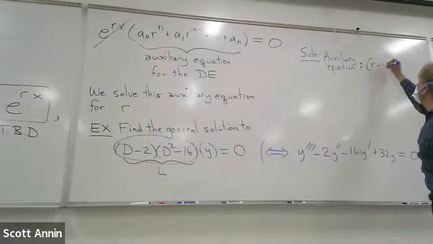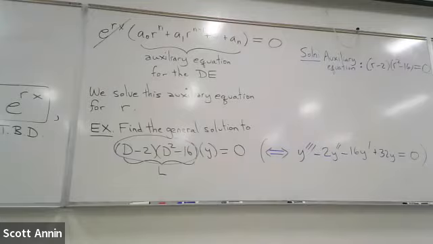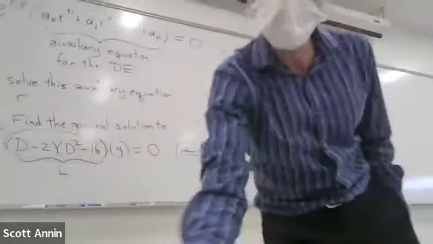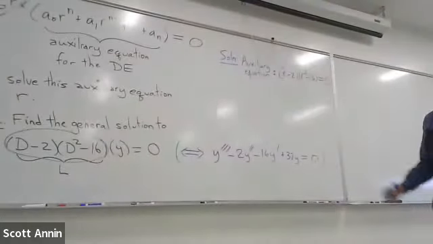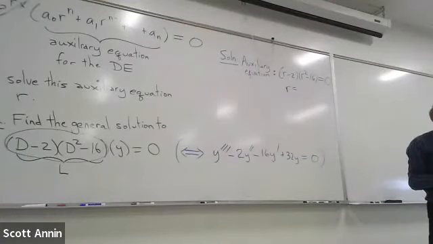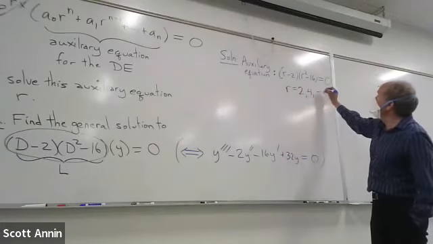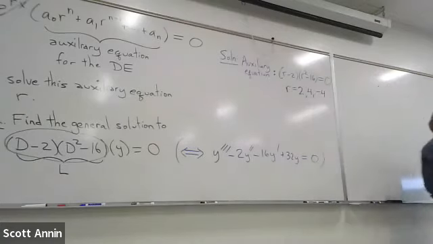So it's R minus 2 times R squared minus 16 equals 0. Can we find the values of R here? 2, or plus or minus 4. I have 2, 4, and minus 4.